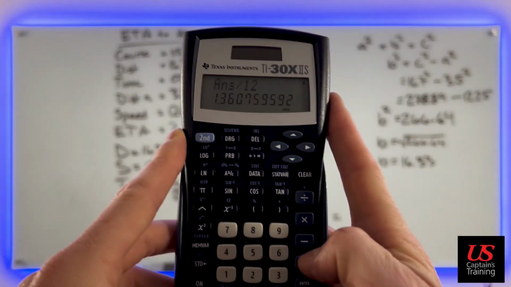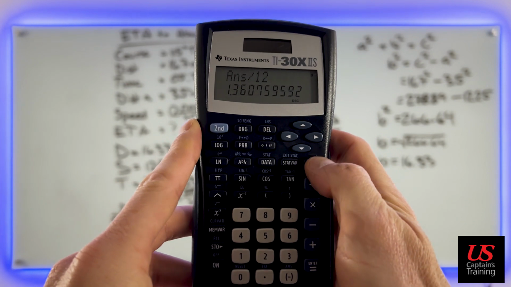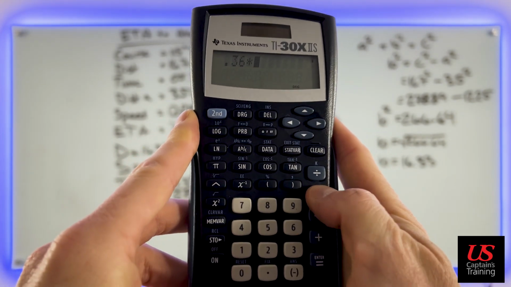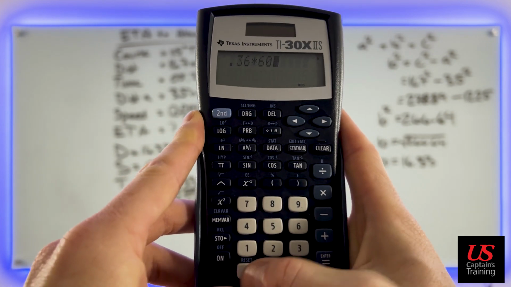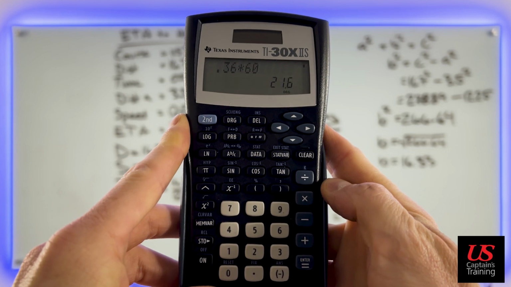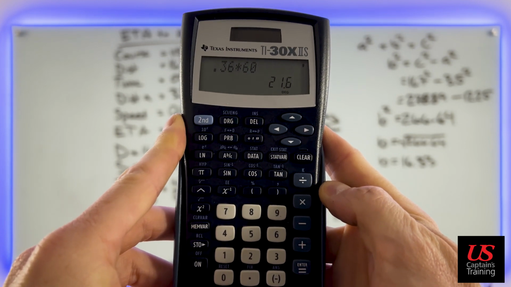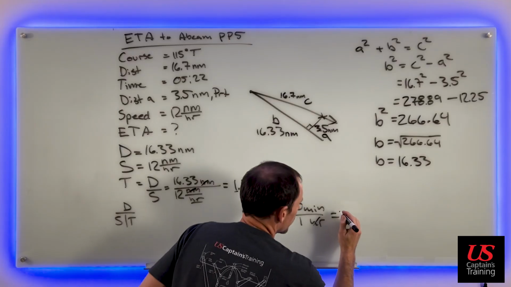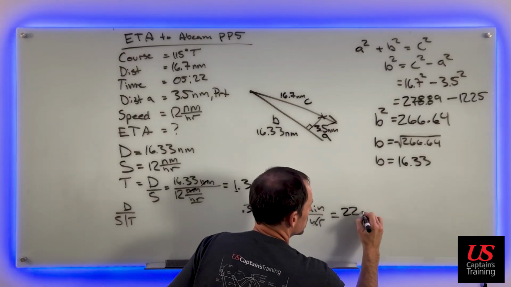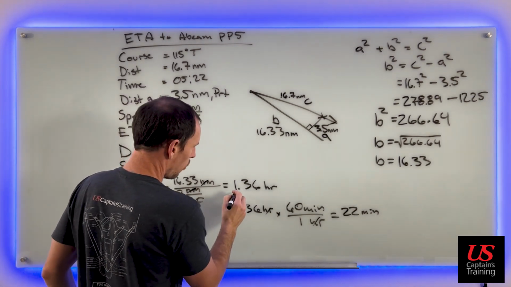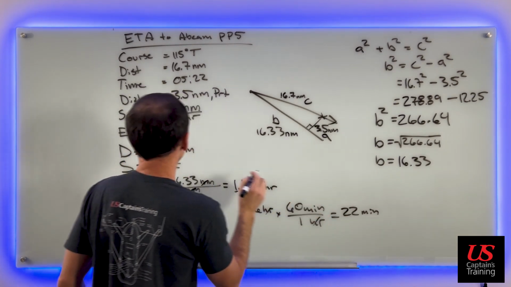0.36 times 60. Okay, clear. 0.36 times 60 equals 21.6. So that rounds to 22 minutes. So we have 1 hour and 22 minutes.